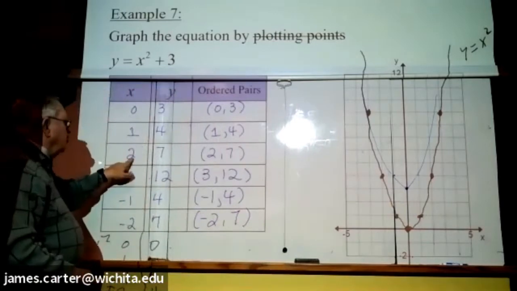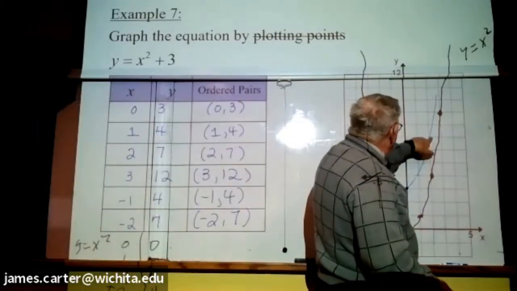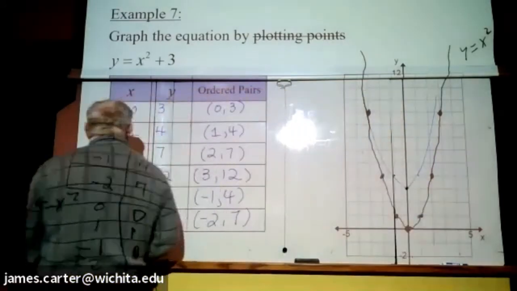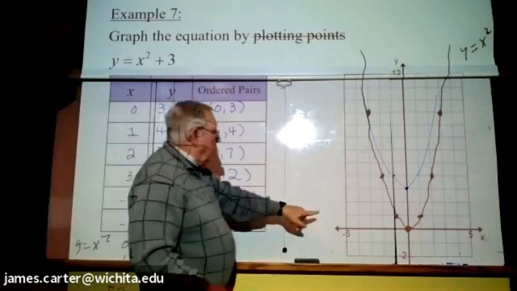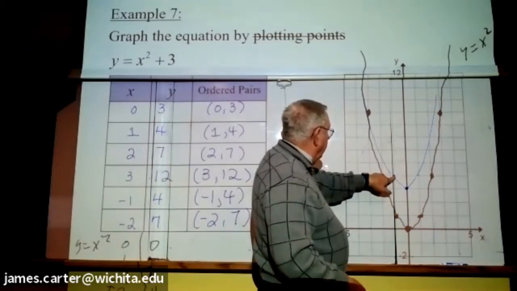If x is 2, then y is 7. Now, we did some negative ones too. Because this is a square, you have to do the negative side also. If x is -1 right here, then y is 4.